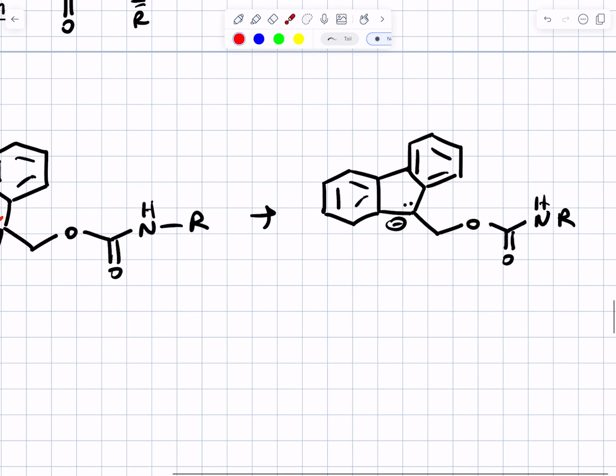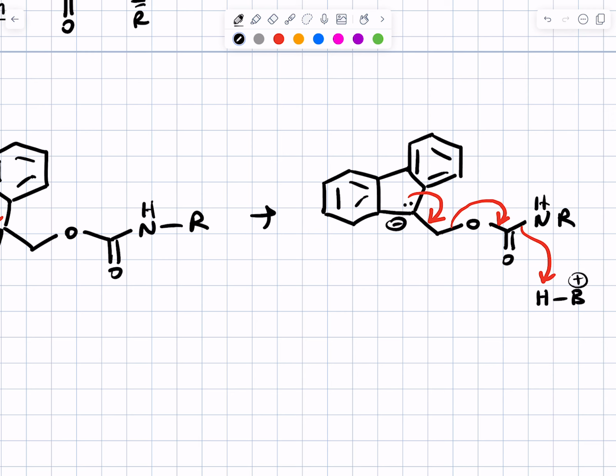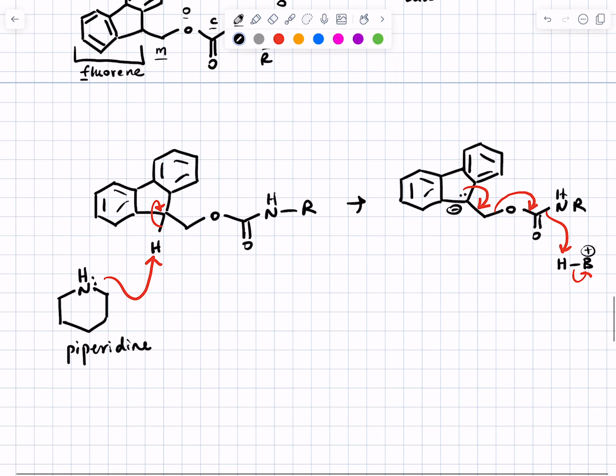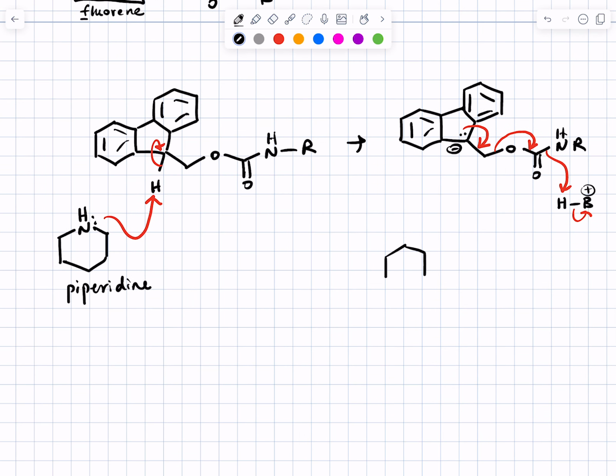Once it's removed, you should see how we're pretty close to doing a decarboxylation. Electrons kick down to form a new pi bond. Electrons here go to form the CO2 pi bond, and then these electrons pick up a proton from some source, possibly the conjugate acid of our base. That generates the following pieces.